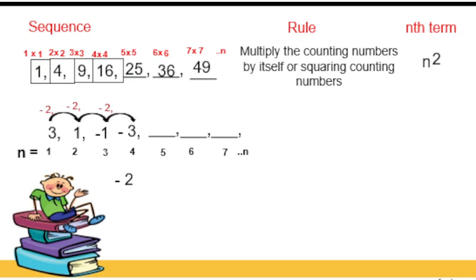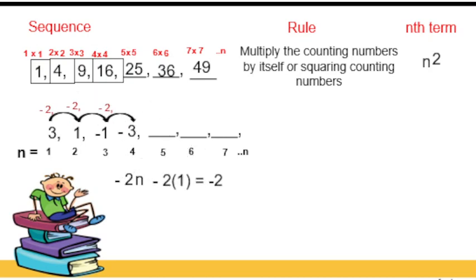Take note that the common difference is negative 2. And then we are looking for the next digit, so that is to multiply it by n. Now, if you check, if n is 1, negative 2 times 1 is negative 2. So meaning, we are not able to satisfy the first term.